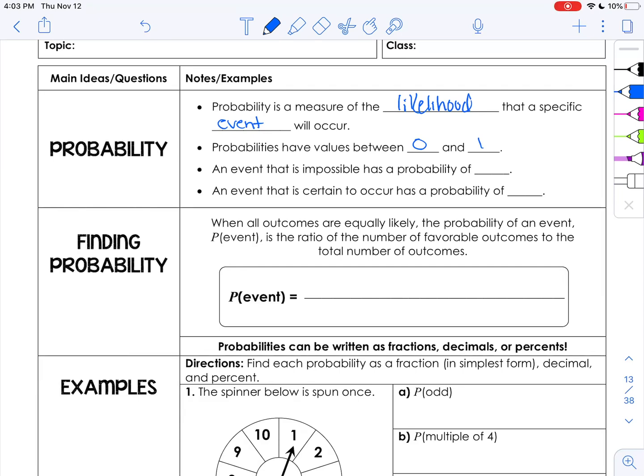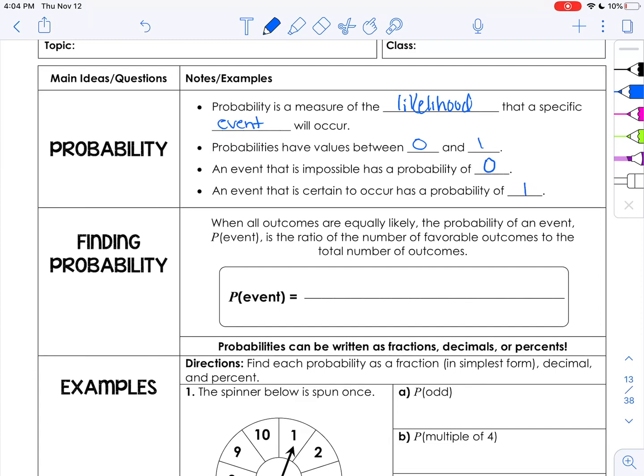An event that is impossible has a probability of 0. An event that is certain to occur has a probability of 1. And then there's a range of probability values between 0 and 1 that we're going to be looking at in this lesson.